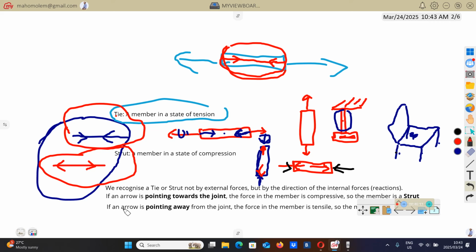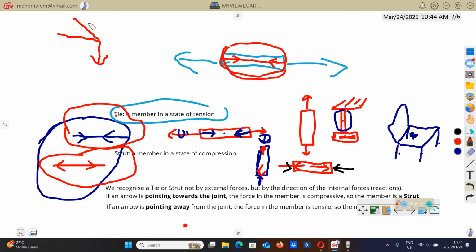Or from those arrows inside the cycle, if an arrow is pointing towards the joint, then we're going to have a strut. Let's say you have a joint like this, like what we've just done.